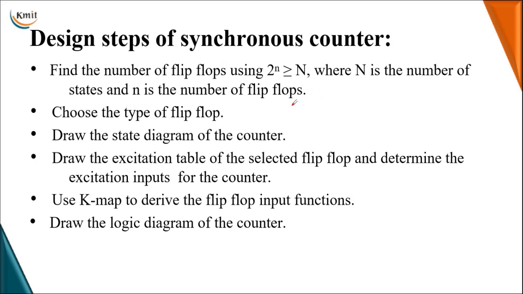Now if I want the number of states to be 4, then capital N is equal to 4. In order to obtain 4 states, small n must be equal to 2. Hence the minimum number of required flip flops is 2, since 2 power 2 is equal to 4, which satisfies the relation. So the minimum number of flip flops required to design 4 states is 2.